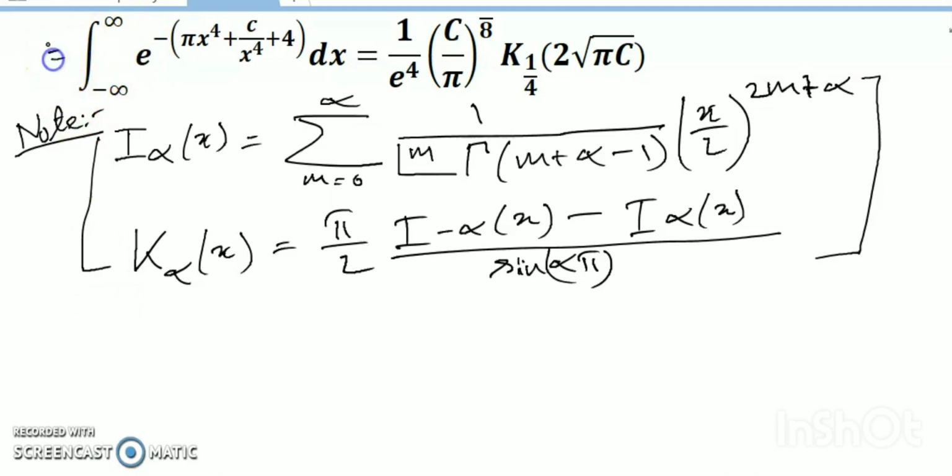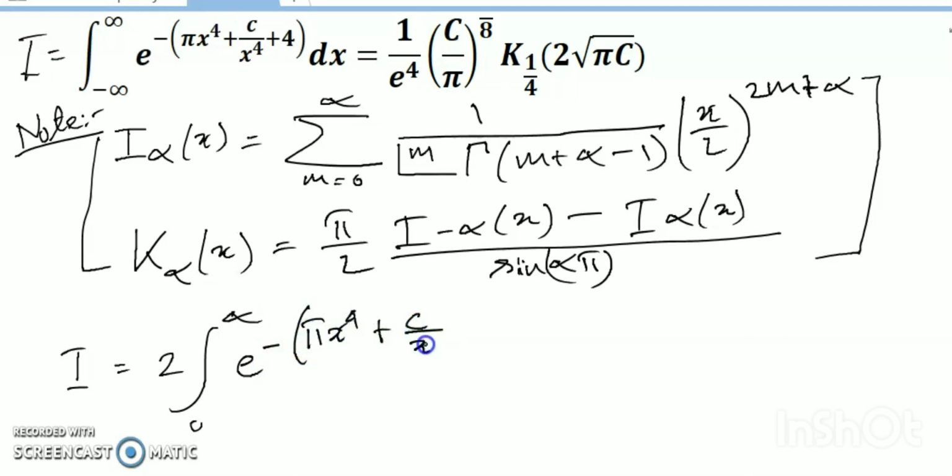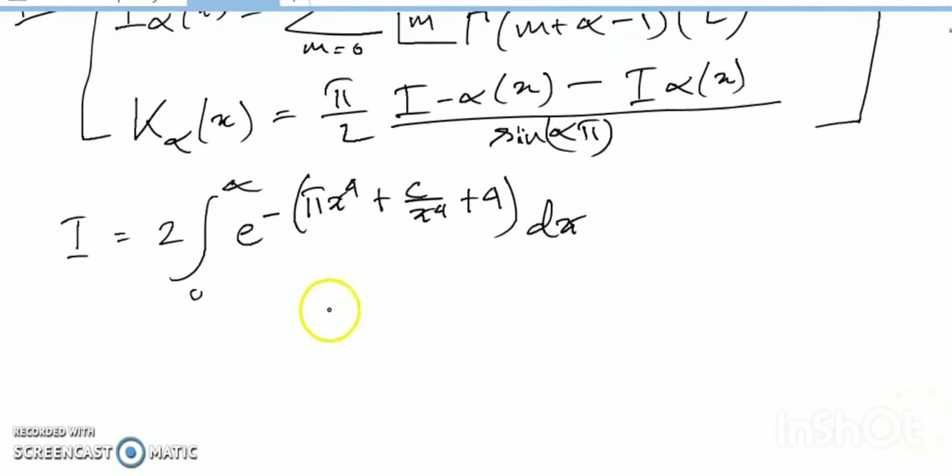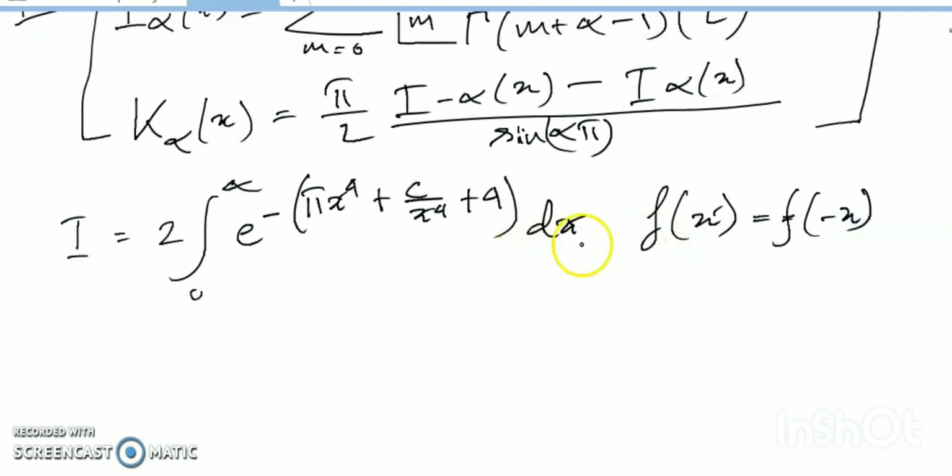So at first I write this integration I. So I can be written as 2 into integral 0 to infinity e to the power minus (pi x to the power 4 plus c divided by x to the power 4) dx. As f of x is equal to f of minus x, it is an even function.